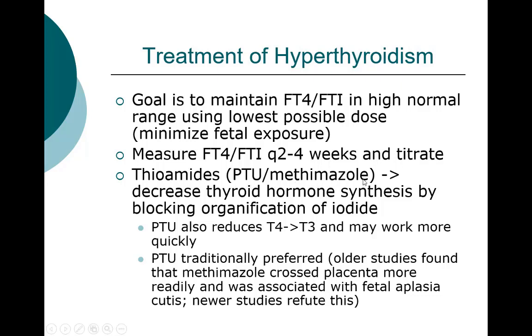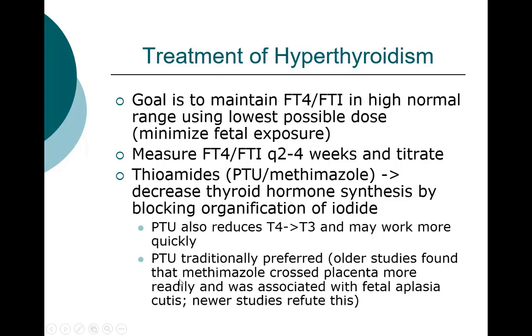Methimazole and propylthiouracil, the thioamides, decrease thyroid hormone synthesis by blocking organification of iodine. Propylthiouracil also reduces T4 and T3 and may work more quickly. PTU traditionally preferred.